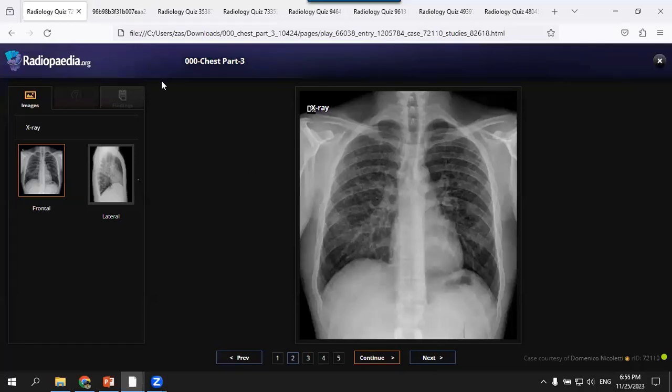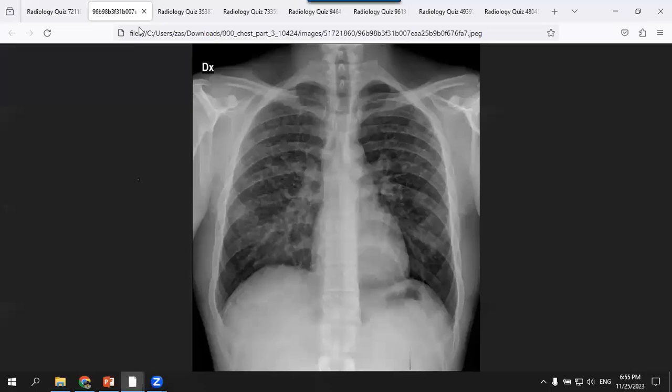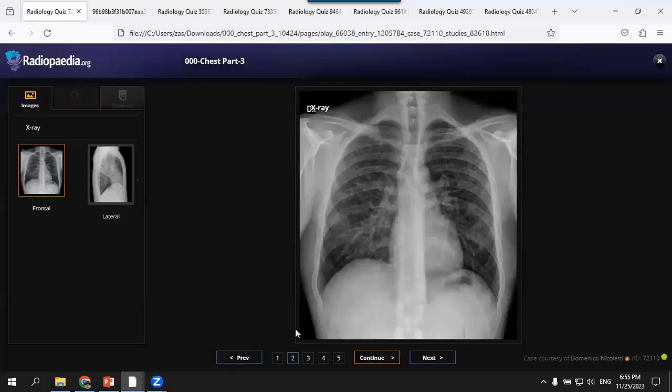I do not see any pneumothorax or any pneumomediastinum. So in this patient who presented with shortness of breath with cystic lucencies, I am thinking of cystic lung disease. Could be Langerhans cell histiocytosis, and since this is not a female patient, I'm not thinking about lymphangioleiomyomatosis.